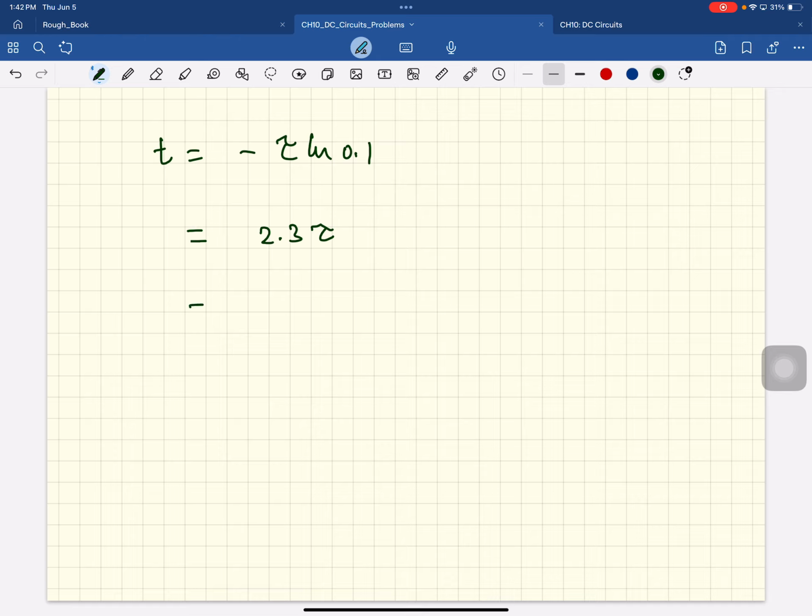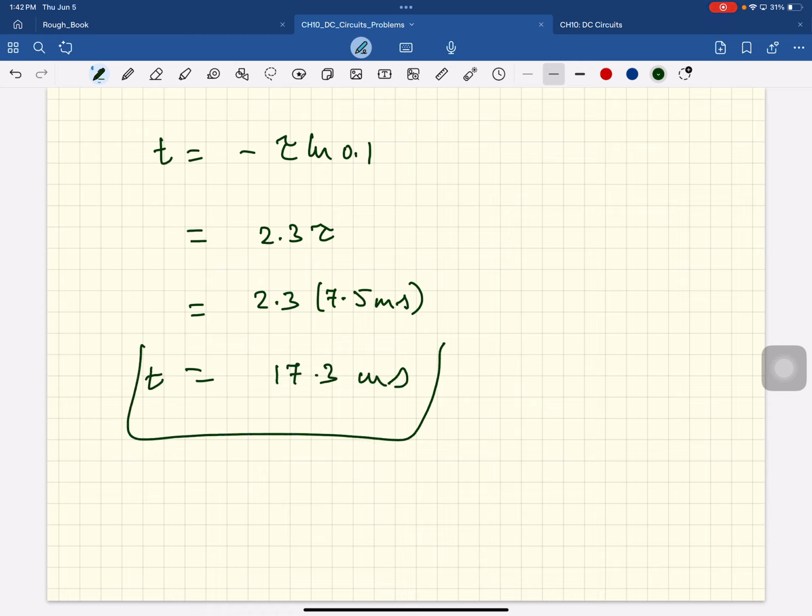And tau was 7.5 milliseconds. So after 17.3 milliseconds, the voltage on the capacitor will have built up to 90% of its value.